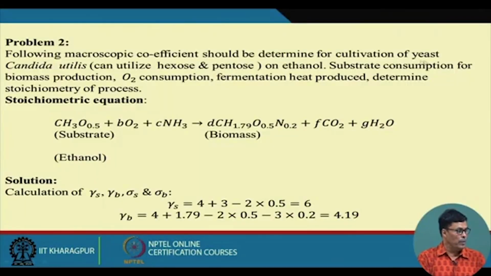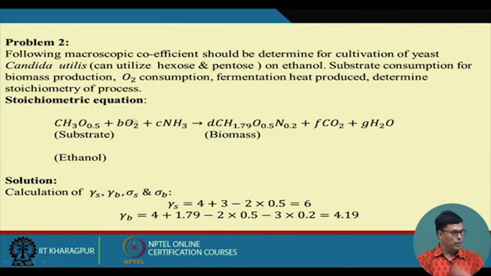Now the next problem, again, is with Candida utilis. The following macroscopic coefficients should be determined for the cultivation of the yeast. Candida utilis can utilize both hexose and pentose sugars or ethanol. We have to determine substrate consumption for biomass production, oxygen consumption, fermentation heat produced, and the stoichiometry of the process.